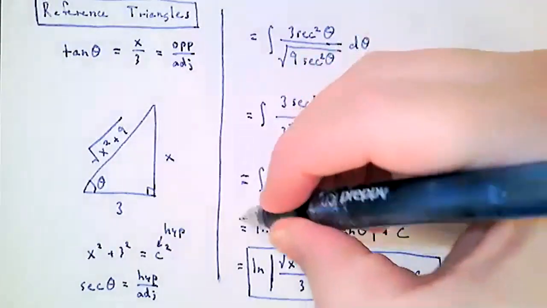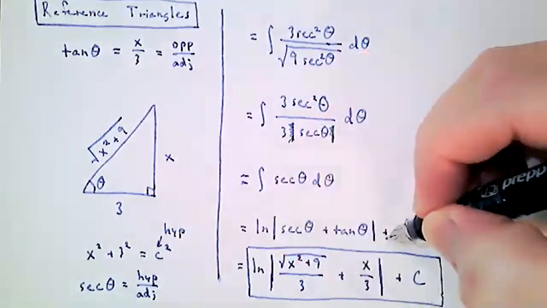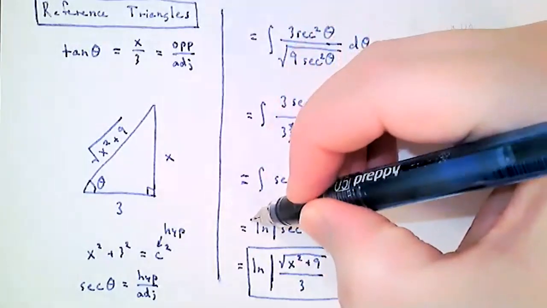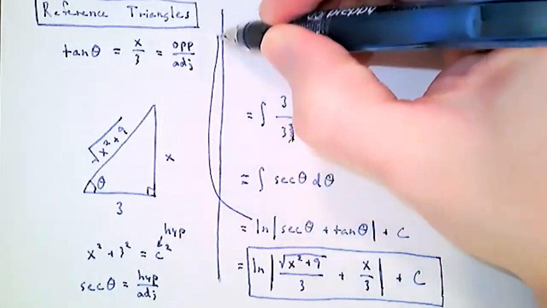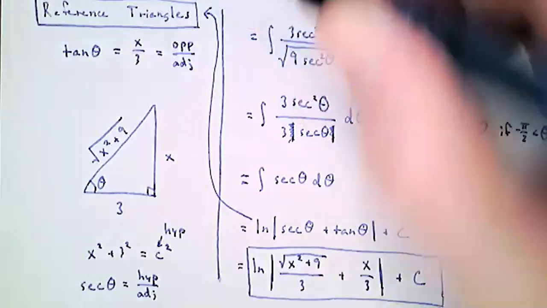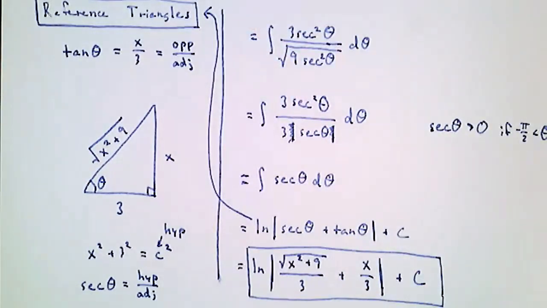Okay, so maybe I'll just draw a little arrow here, just to remind you that on this step, we had to draw the reference triangle in order to get rid of theta. Okay, so no questions, really? Really no questions?